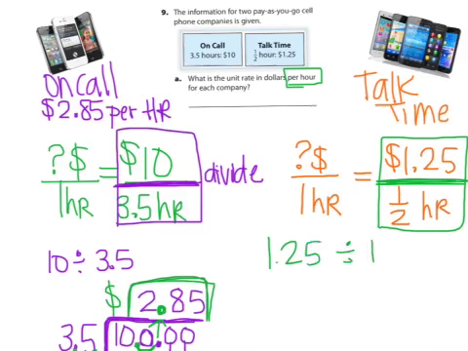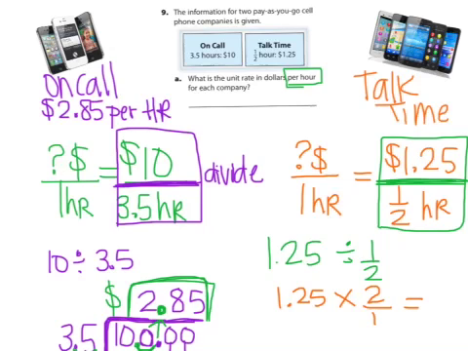So you can do $1.25 divided by 1/2, which is a fraction. We don't really divide fractions. What we do is turn it into a multiply question and flip the number we're dividing by. So I'm going to keep $1.25 and multiply it by the opposite, flipped upside down.